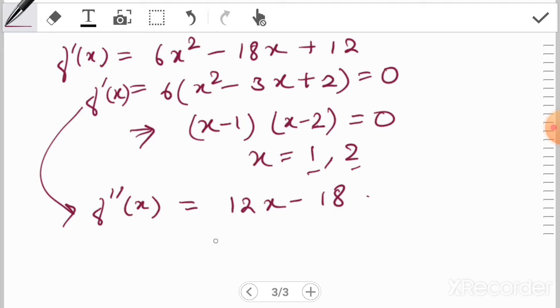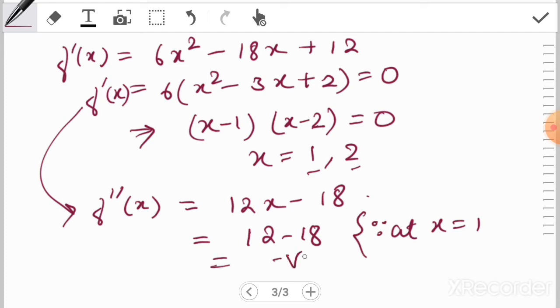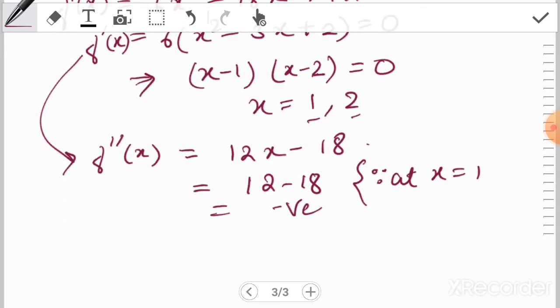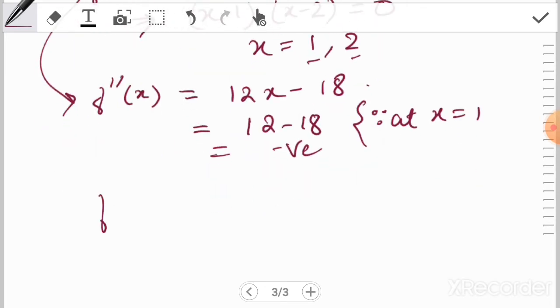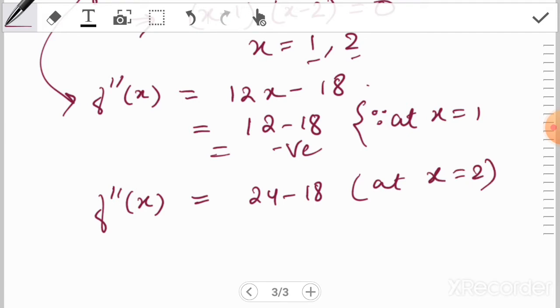So at x is equal to 1, this is negative. So we have a maximum at x is equal to 1, and f double dash x is 24 minus 18 at x is equal to 2, which is positive. So that means at x is equal to 2 we have a minimum value.